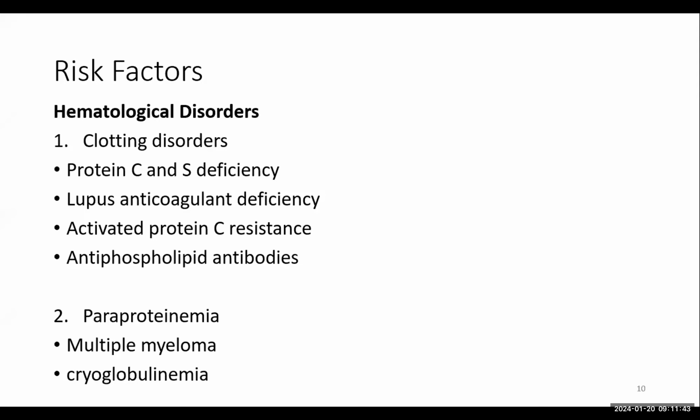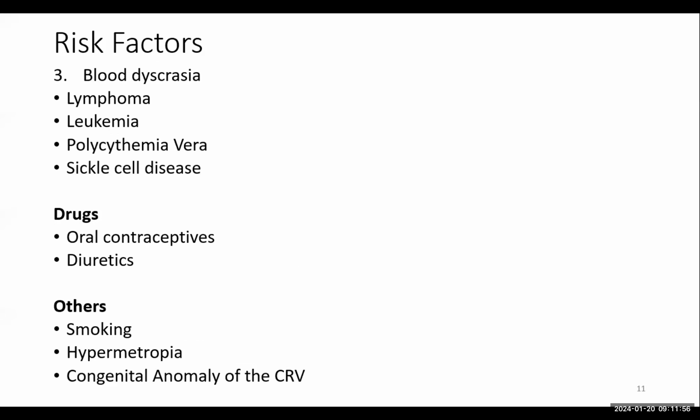All these cause a hypercoagulable state of the blood. Also among them is paraproteinemia, like multiple myeloma and cryoglobulinemia. Other risk factors are blood dyscrasias, like lymphomas, leukemia, polycythemia rubra, and sickle cell disease.